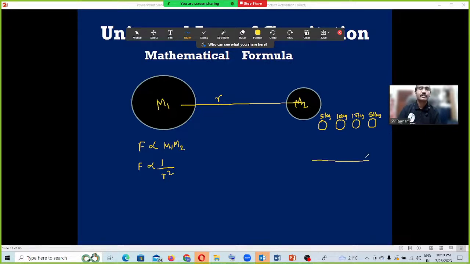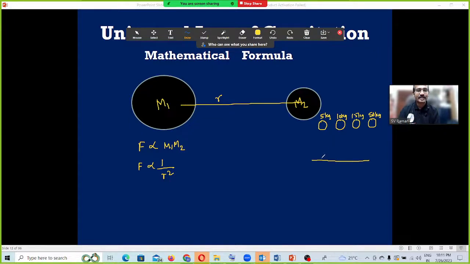Which falls down fast? The more the mass, the faster it will fall down. More force will be applied on the earth. So once mass increases, gravitational force between the two masses increases.